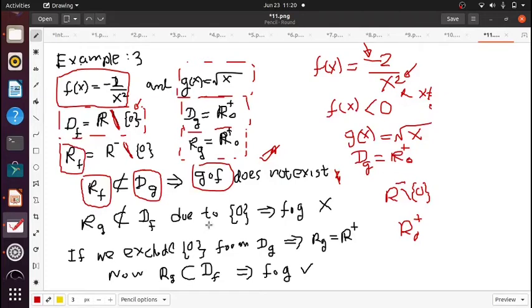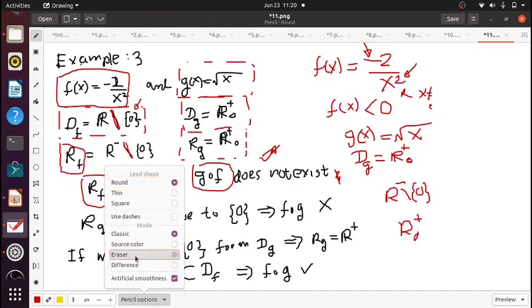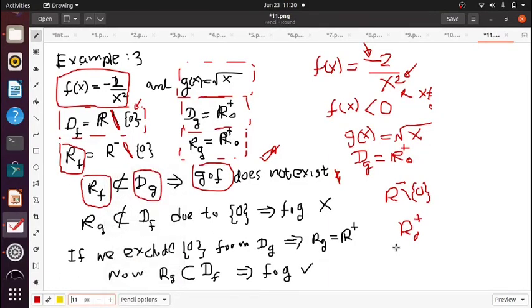Now let's see what happens if we were to find f of g, the function f of g, which means g comes first and function f comes second.